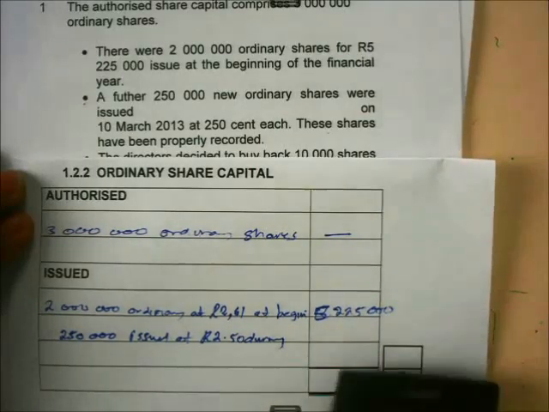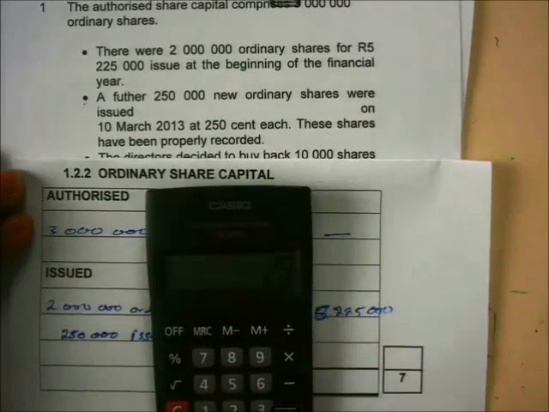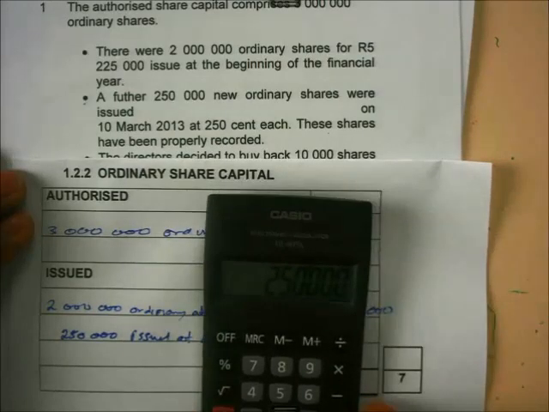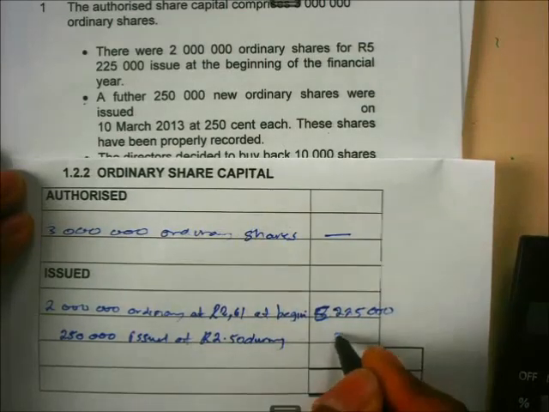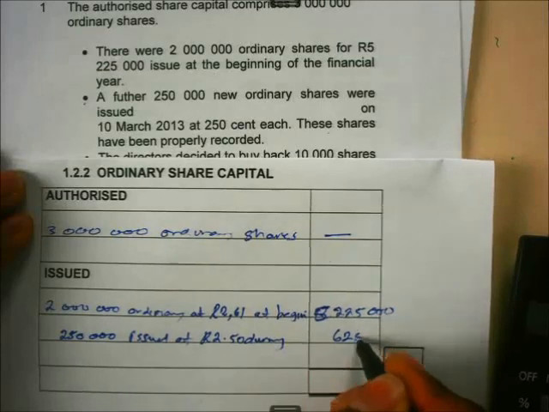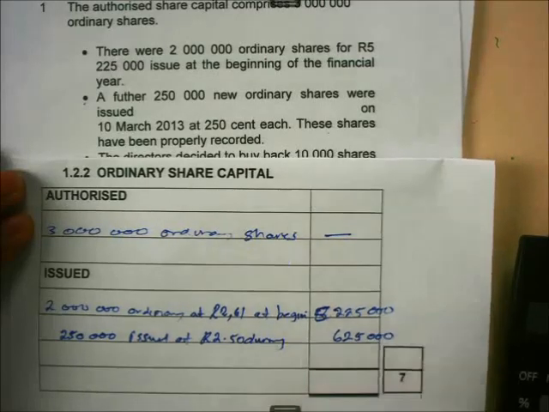Now, the value, you simply say 250,000 multiplied by R2.50. It gives us 625,000. There you are, 625,000.